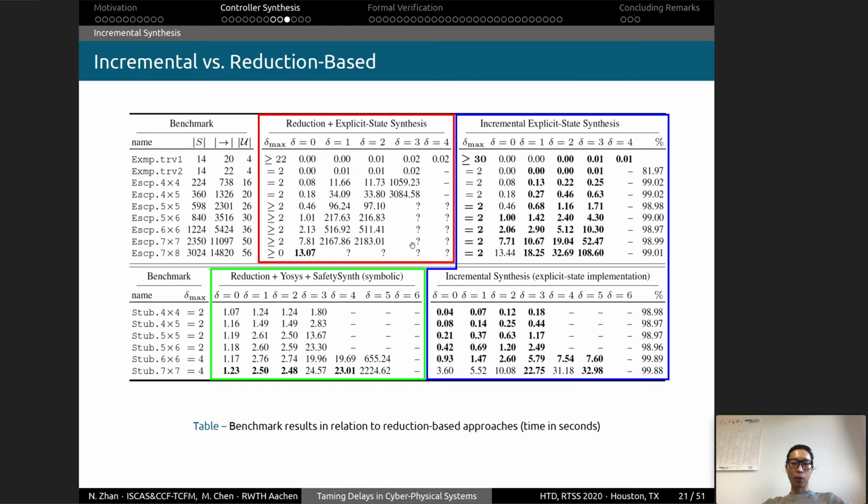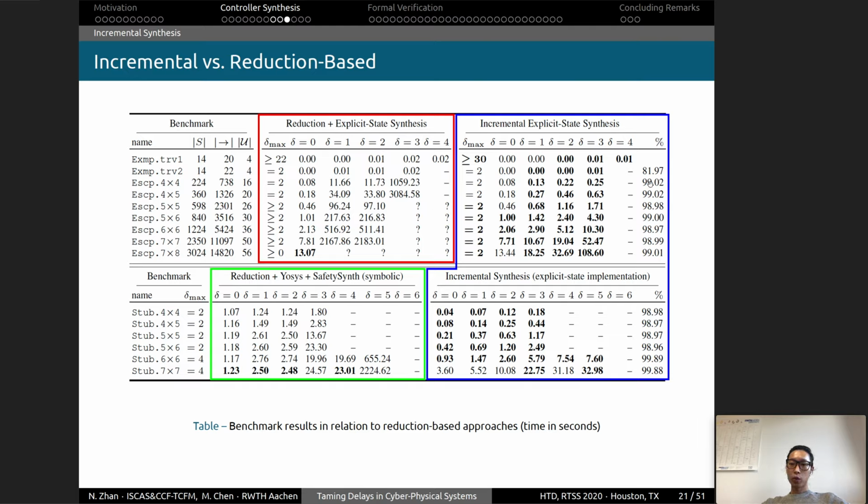Here the red block indicates an explicit reduction-based implementation. In this red part, we simply take the product of the shift register with the game graph and then solve the delay-free game. As you can see here, in many cases, the implementation failed to find a winning strategy or prove unwinnability.